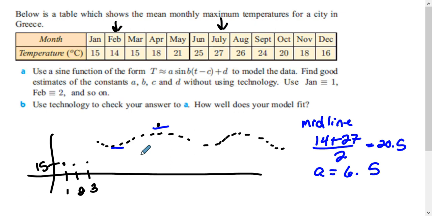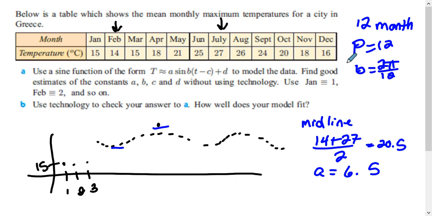The period, how often does this repeat itself? Now, you can think about how far is it between February and July, or think about it a little bit more logically. How often do our temperatures repeat themselves? Every 12 months, right? That's the period. The period is 12 months. Therefore, to find your B value, it's 2 pi over 12.